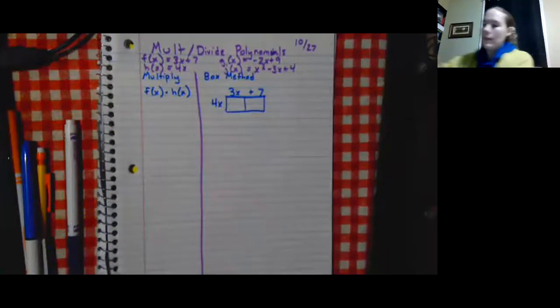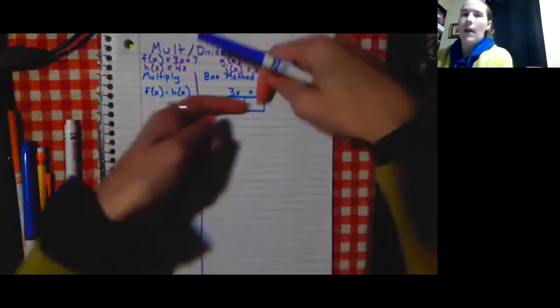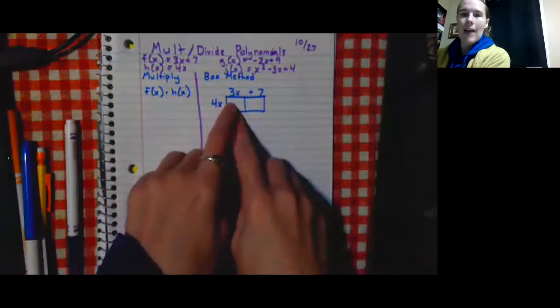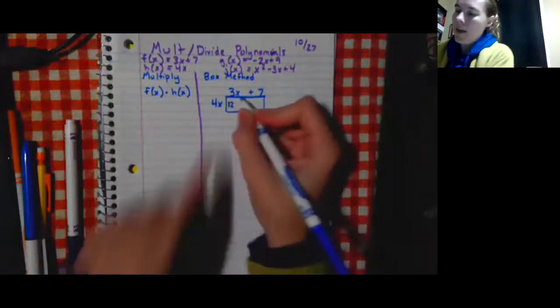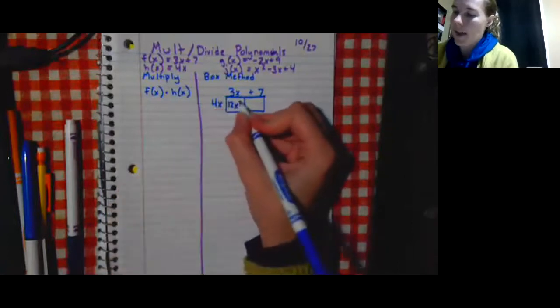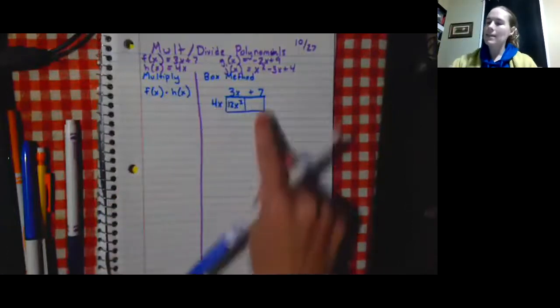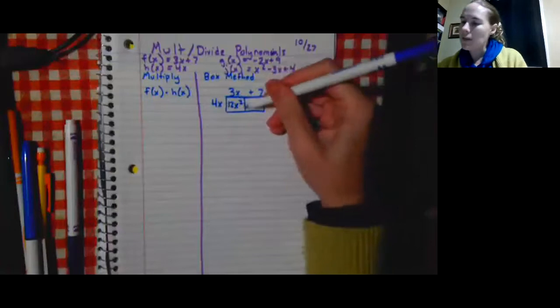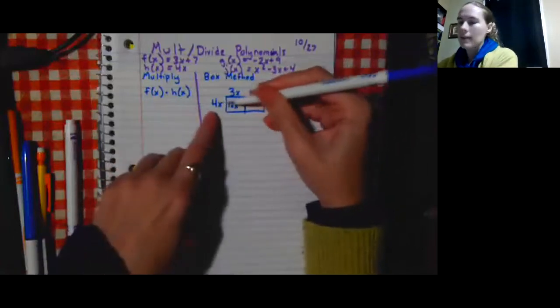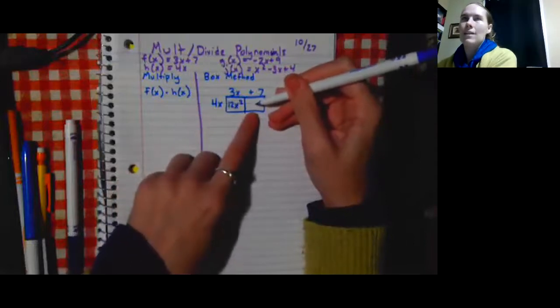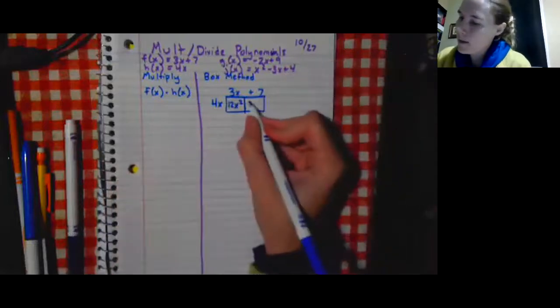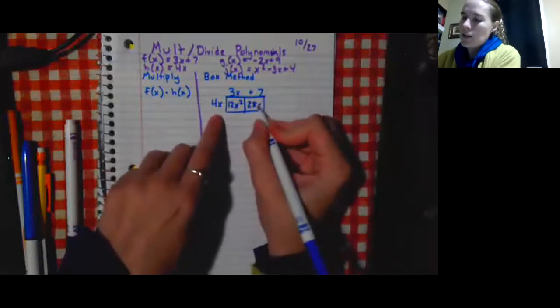What you do now is you multiply each box. So the first thing I have is 3x times 4x, which 3 times 4 gives me 12, and x times x gives me x squared. Then this next box, I know this length is 4x, then times 7. 4 times 7 is 28, and then we have that x, so it's 28x.